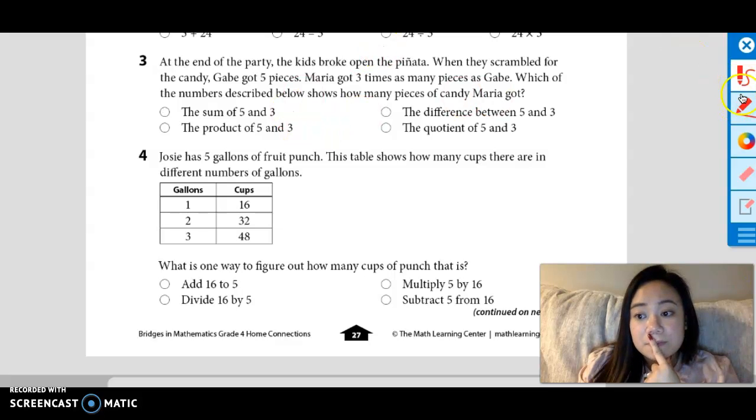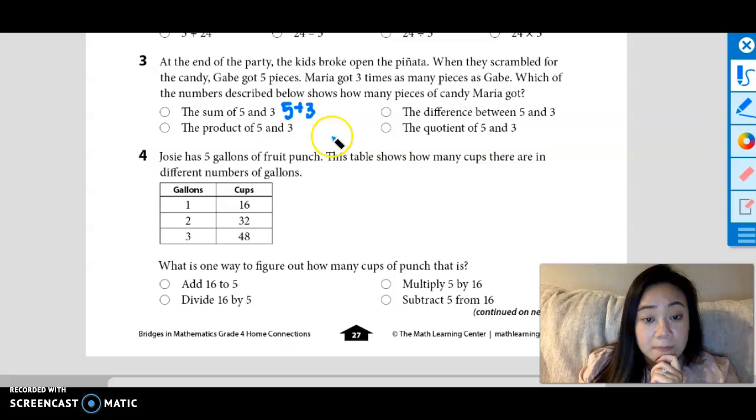So I'm going to do a little cheat sheet for you. The sum of 5 and 3. Sum means addition. So it's saying it's 5 plus 3. Is that how much candy Maria got? This one, the product of 5 and 3. Product means multiplication.